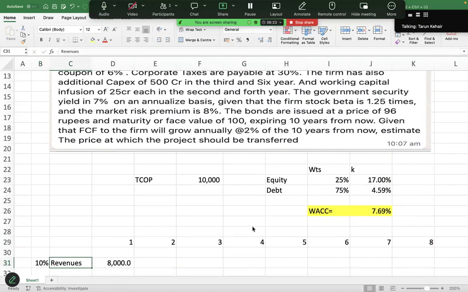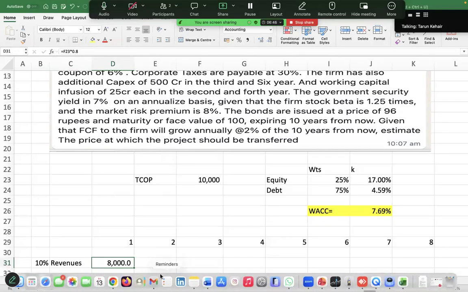At the end of the first year, there would be depreciation as well. So the asset value will fall. हाँ तो इसीलिए तुम्हें नहीं. It's always assets are deployed in the beginning of the year to earn the revenues for that year, just like capital. Now these revenues are supposed to grow at 10% every year.